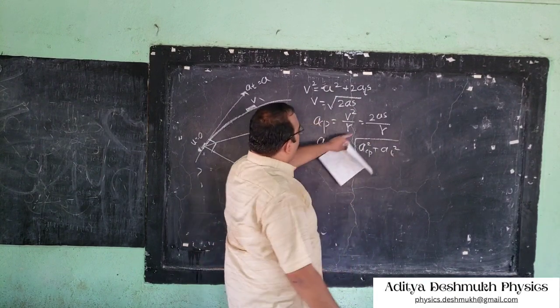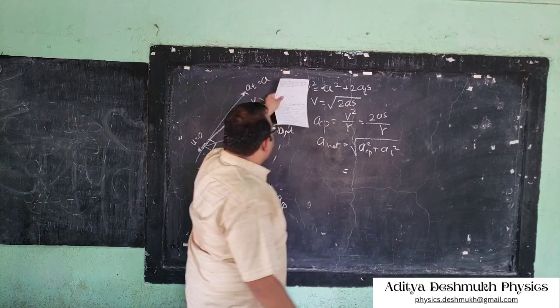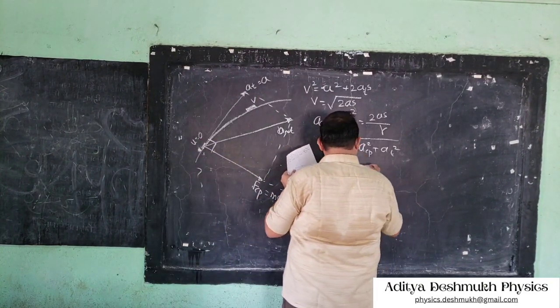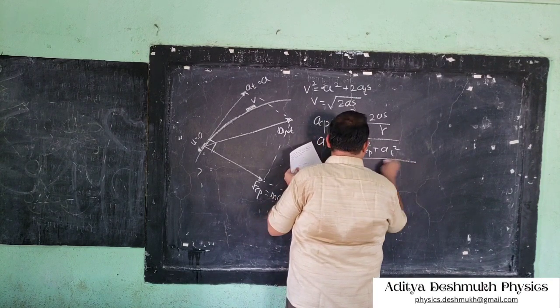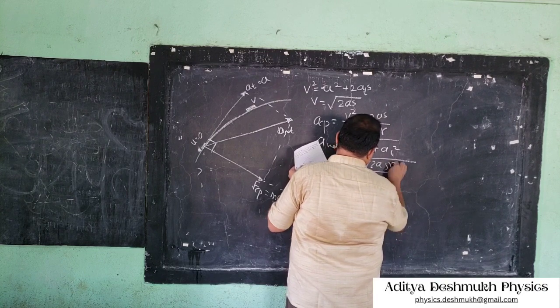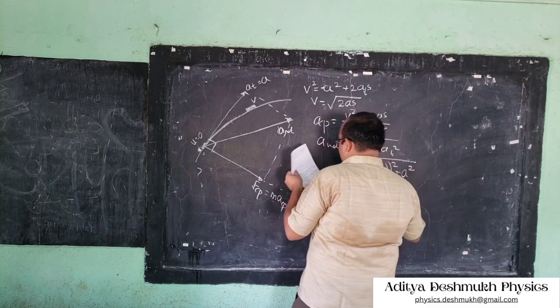So if I put the value of a_cp and a_t, which is equal to a, I will get (2as upon r) whole square plus a square.